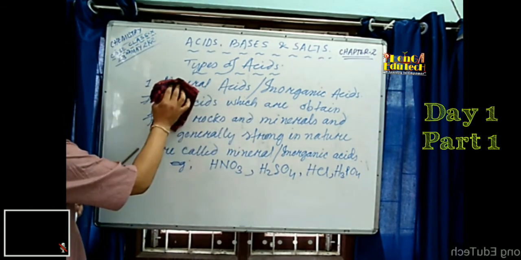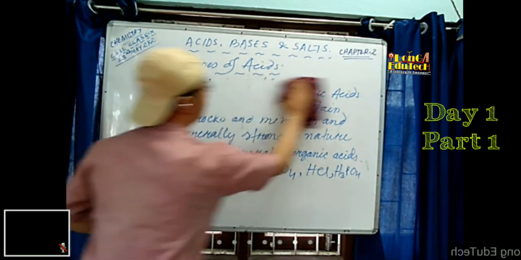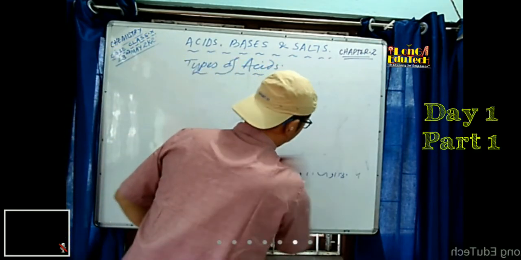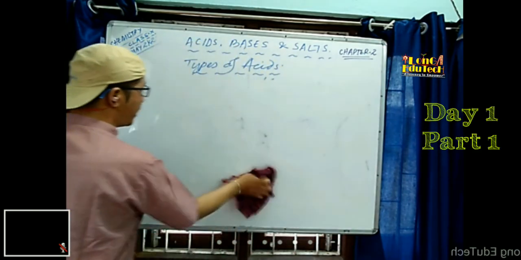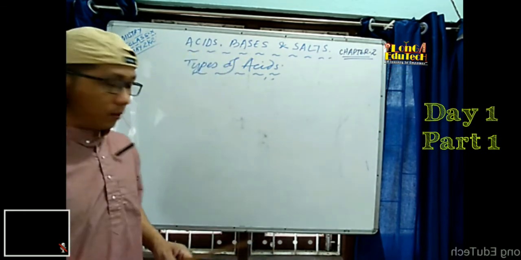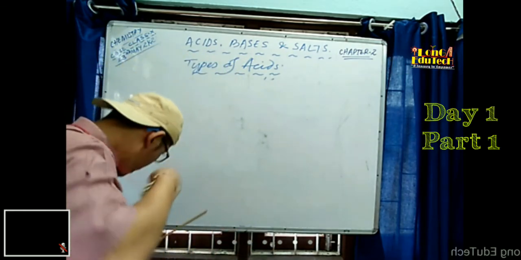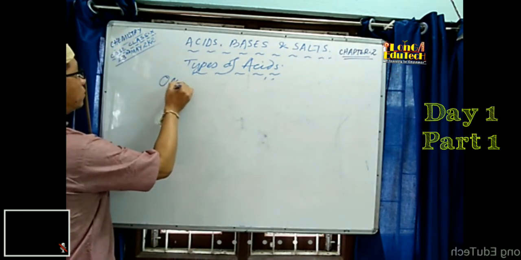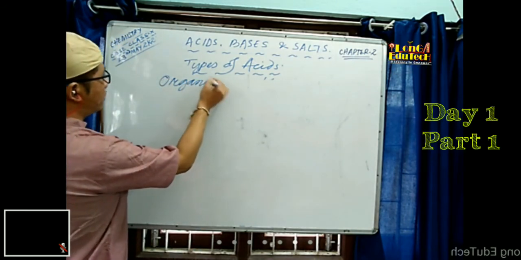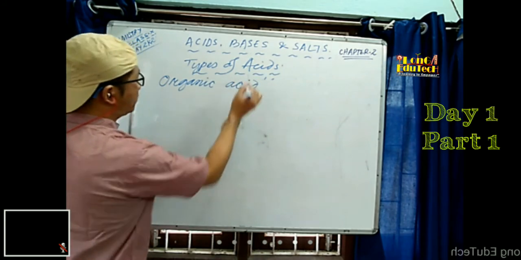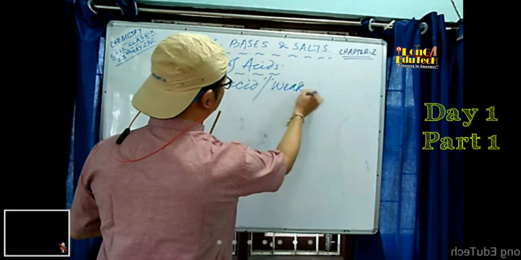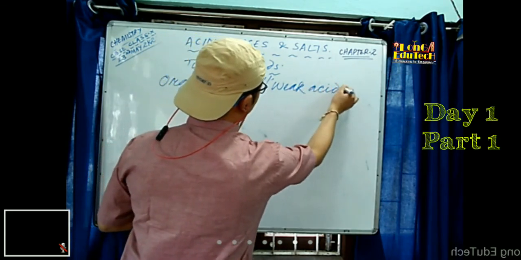Number two is organic acids, also called weak acids.